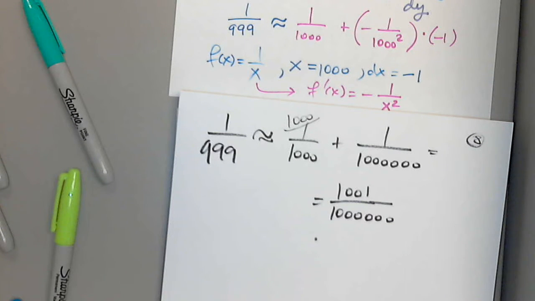If you have any doubts, let's go to the graphing calculator and let's punch in 1 divided by 999, oh, just 3. And let's punch in 1001 divided by 3 zeros and 3 more zeros.